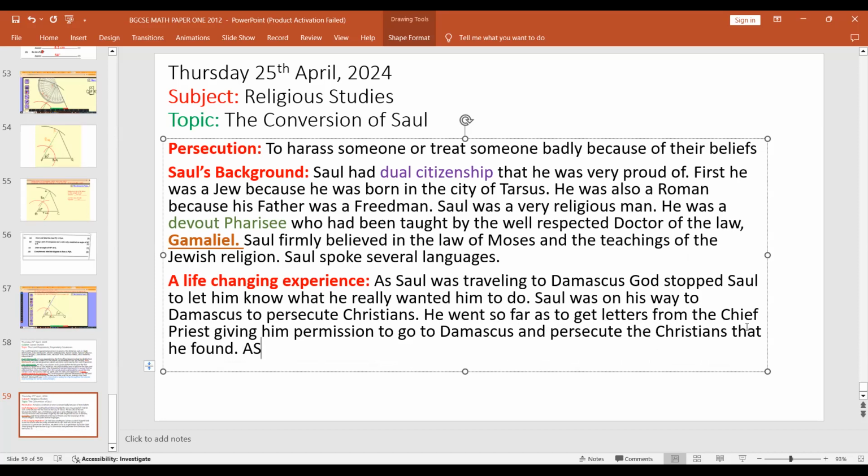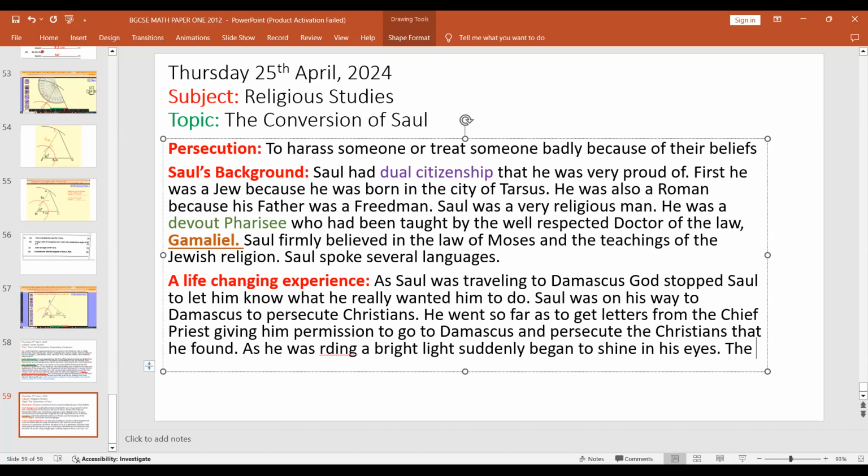So as he was riding, a bright light suddenly began to shine in his eyes.